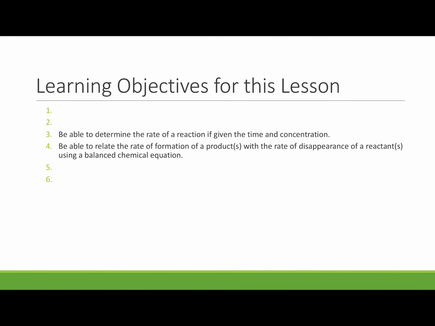Hello. In today's Chapter 14, Lecture 7 video, we're going to be looking at Learning Objectives 3 and 4. So we're going to be looking at our rate of reaction using time and concentration, and we're going to look at rate of formation of product or disappearance of reactant using another substance if we have a balanced chemical equation.